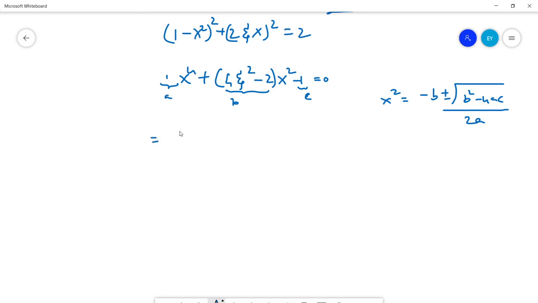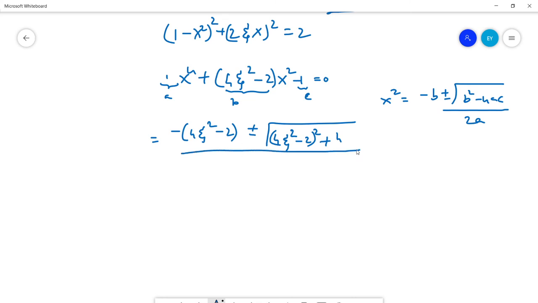This is equal to minus 4 zeta square minus 2 plus or minus root of 4 zeta square minus 2 square plus 4, divided by 2.